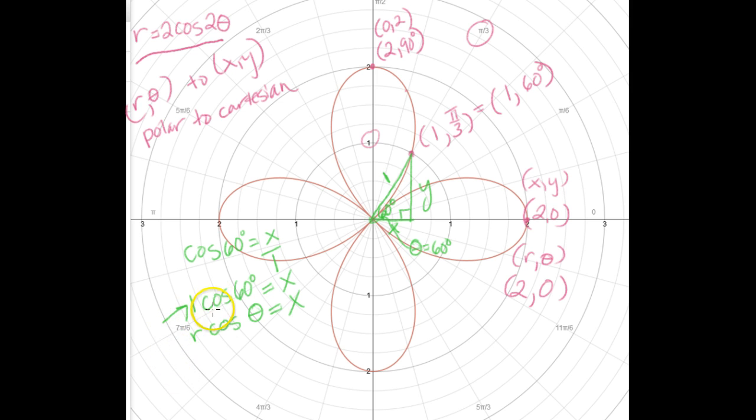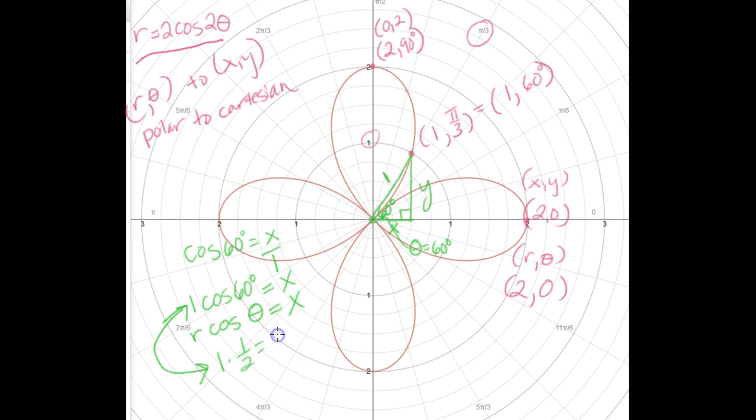And if we think about the unit circle, cosine of 60 degrees, well, remember where that is. Cosine of 60 degrees is equal to 1/2. So we can say that this is equivalent to, let me just go down here, 1 times 1/2.